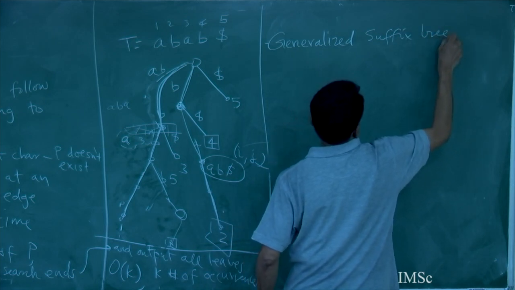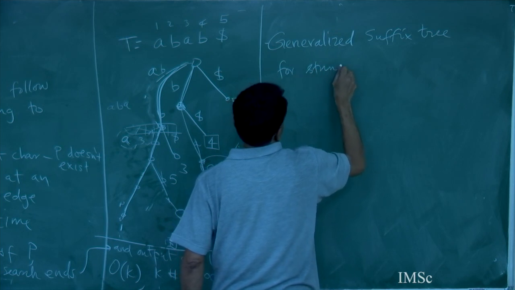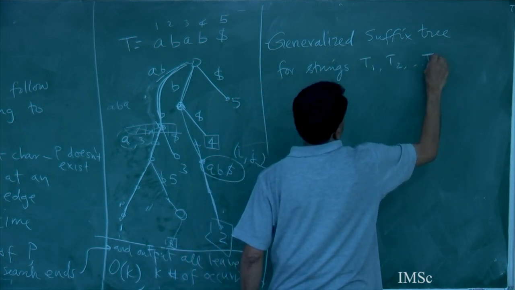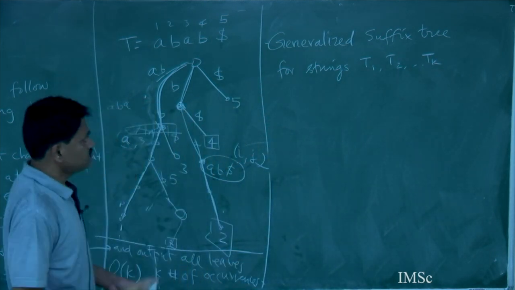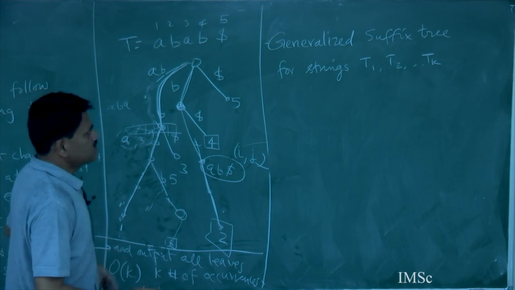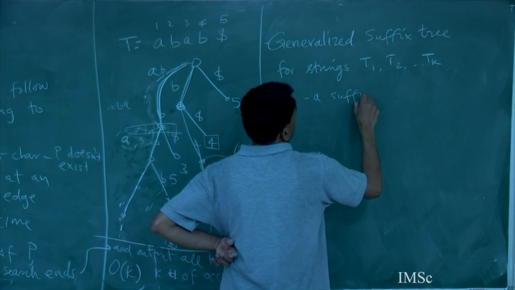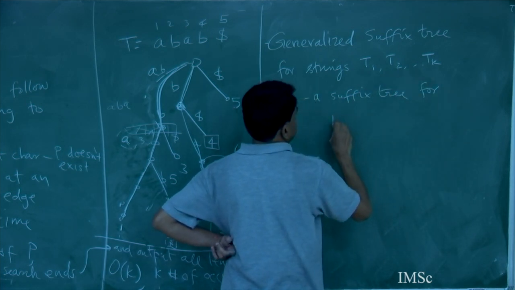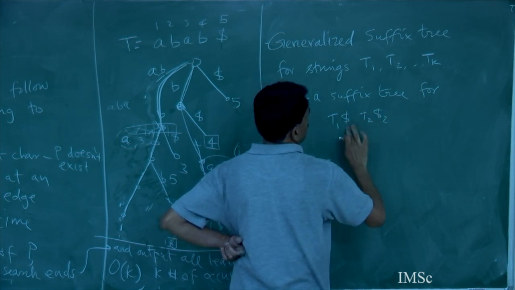For a bunch of strings, what is this? It is just a suffix tree for T1, $1, T2, $2.